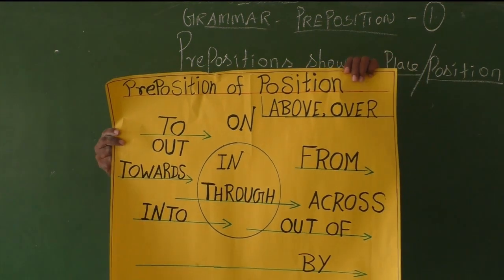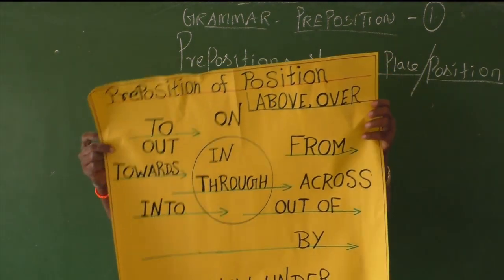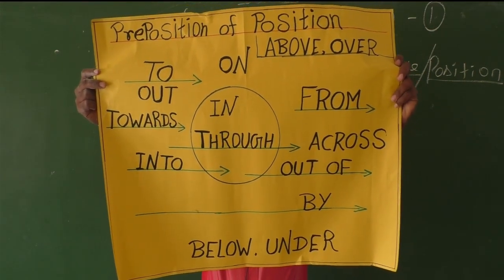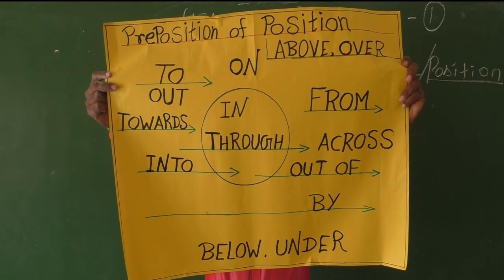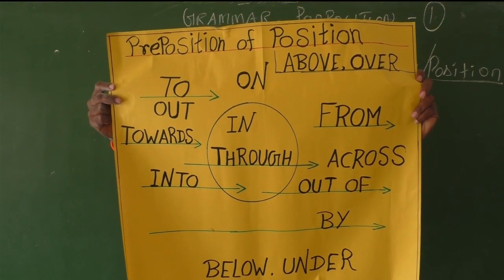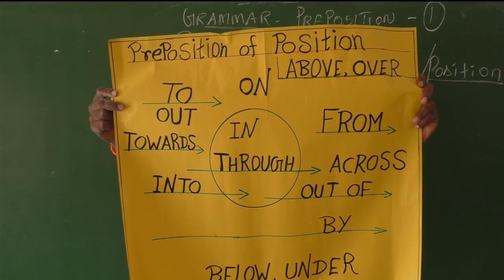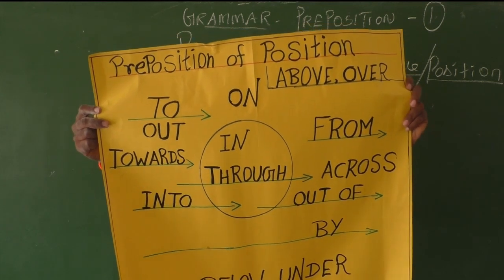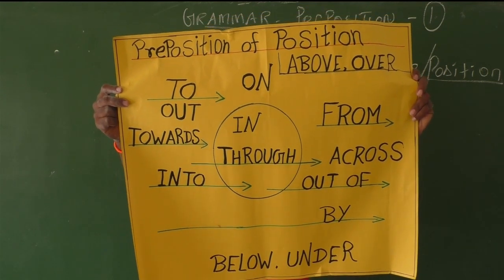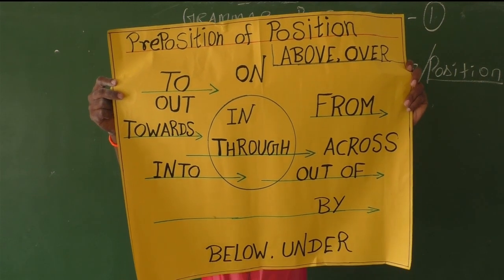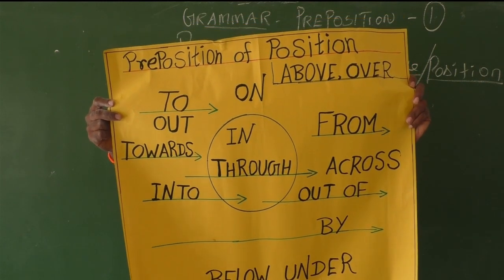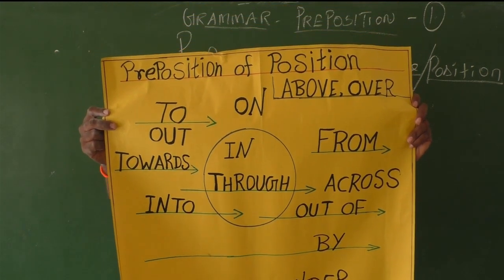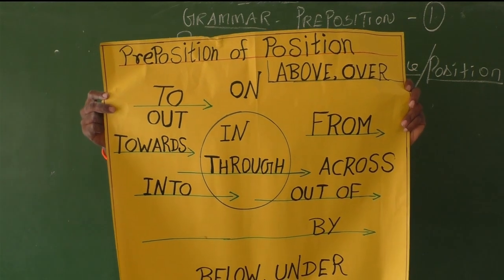So you can see all these: above and over, on the surface, from the starting point, in already means inside, towards, out, through the destination, across the destination, out of the destination, then into, by, below and under. So the chart shows the prepositions of place and position.